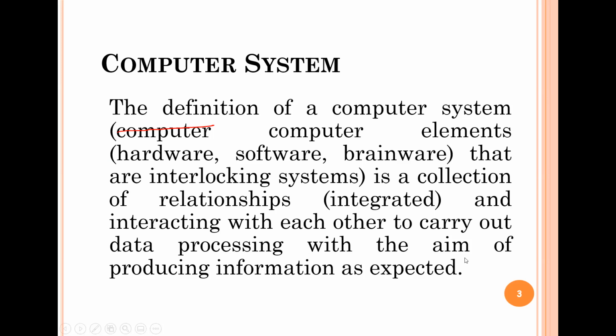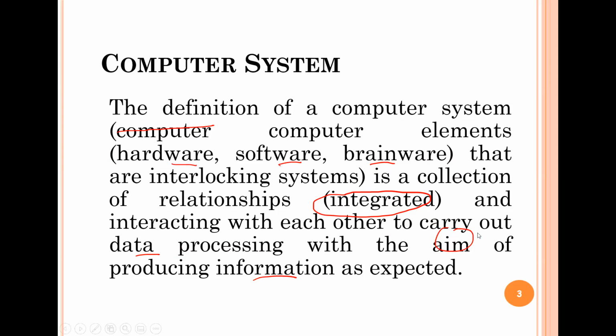They have goals or aims here to produce the output or the information from the data, processing the data, the input, through the integration of all of the components, from the hardware, software, and the brainware.